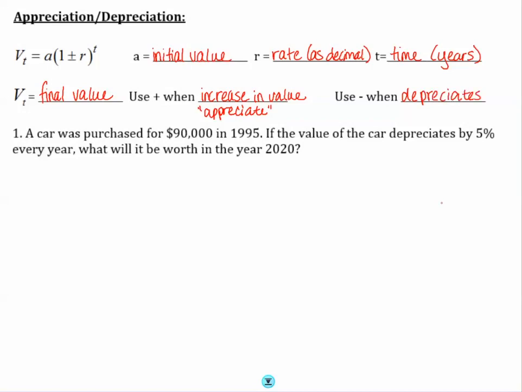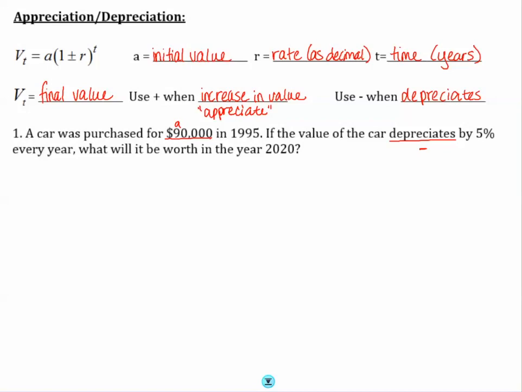So the first problem says, a car was purchased for $90,000 in 1995. If the value of the car depreciates by 5% each year, what will it be worth in the year 2020? So depreciates tells us we're going to use the minus in the formula. 90,000 is the initial value, that's how much it was worth at the beginning.